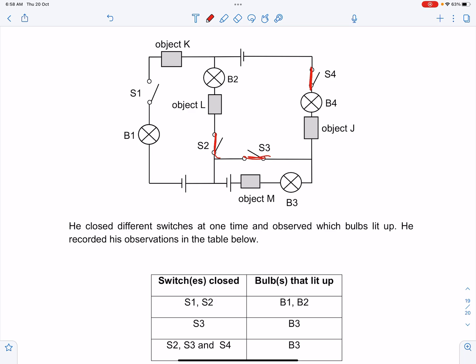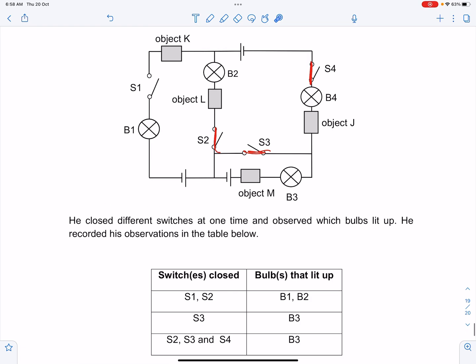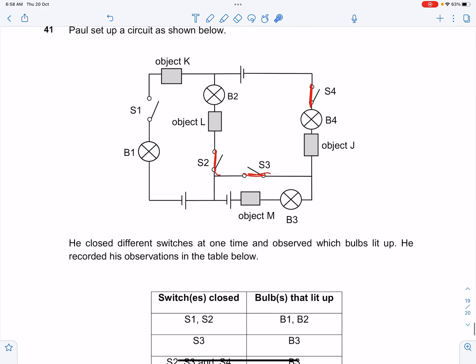So this tells me that something isn't right. My B4 did not light up. Why is that so? So that means right over here, okay, something must have stopped my electric current from going back, from flowing from here to here, going back to my battery in a complete circuit.